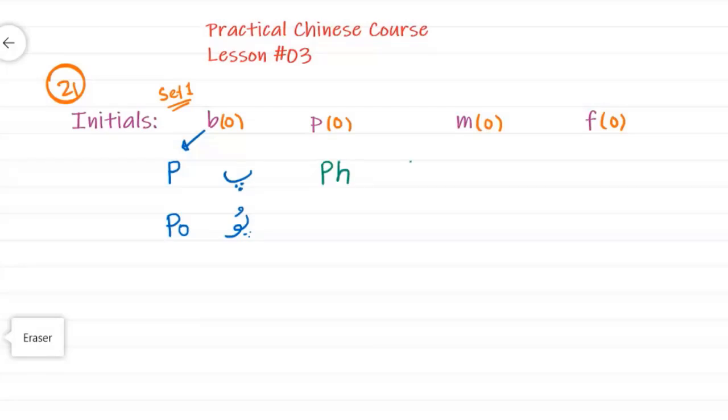Now let's come to another initial. It looks like a PH sound. And when we read it with the final, it sounds like Po. Read after me. Po.